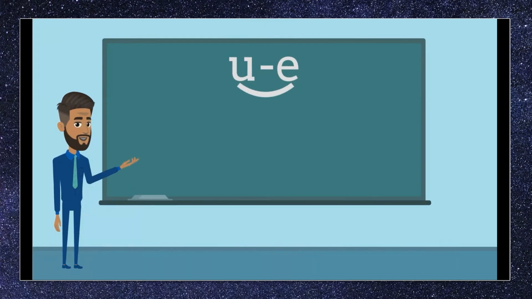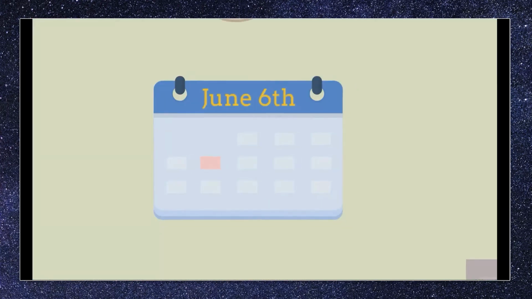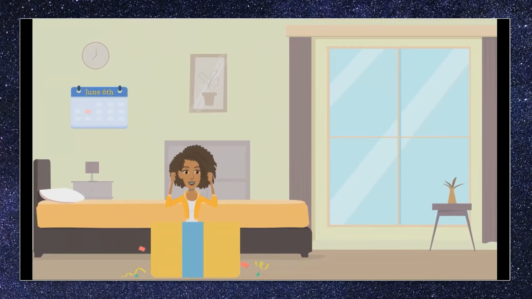Listen carefully for this sound, but don't worry about any names, just the words, as they will help us when we come to practice. Now, let's see what's happening around the world. It is the 6th of June, which is her birthday.